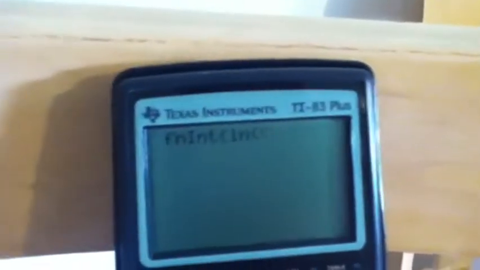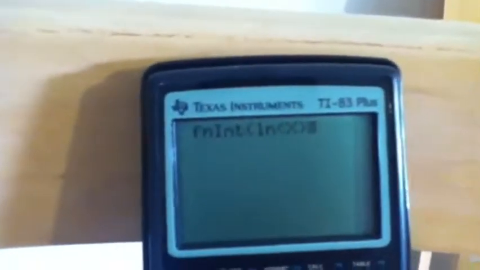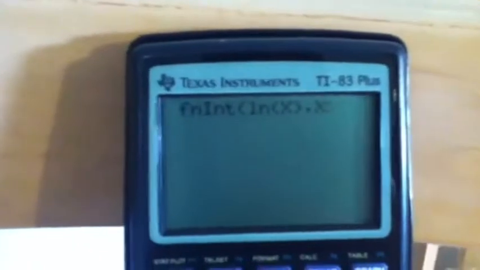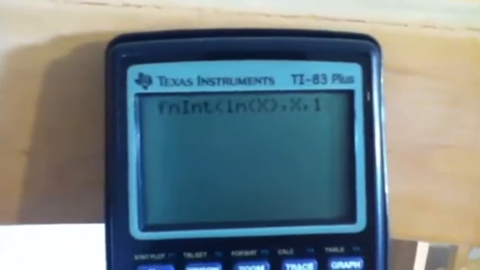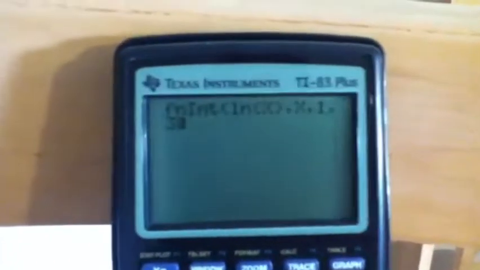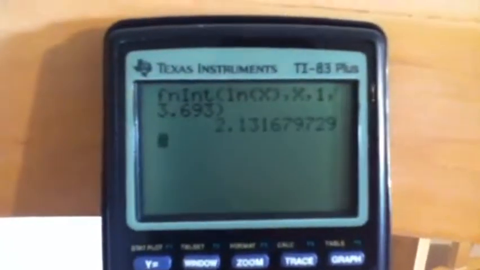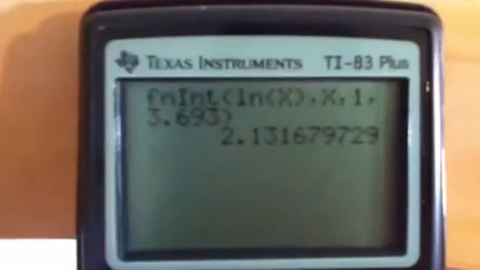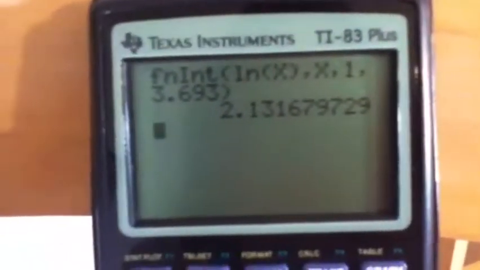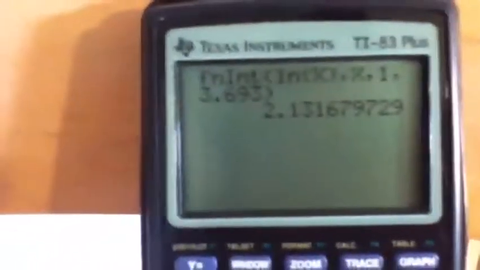To plug those integrals into your calculator, you go to Math 9, and then you put in the function, which is ln x, comma, with respect to x, from 1 to 3.693, close parentheses, and the answer you get is 2.132.